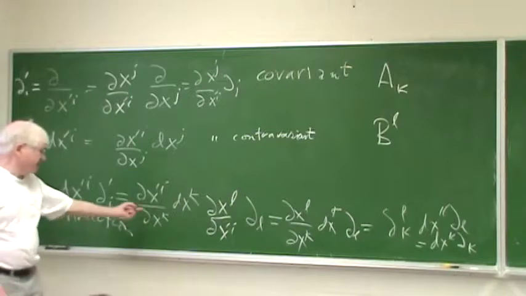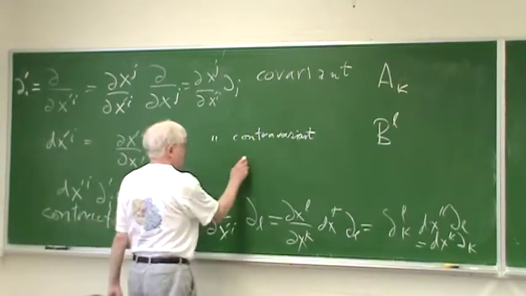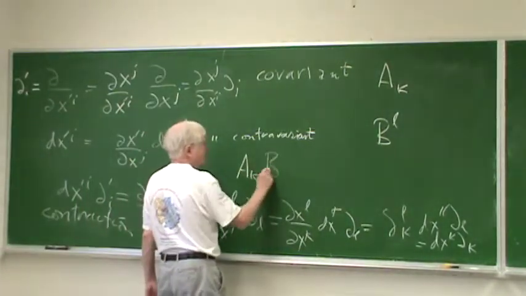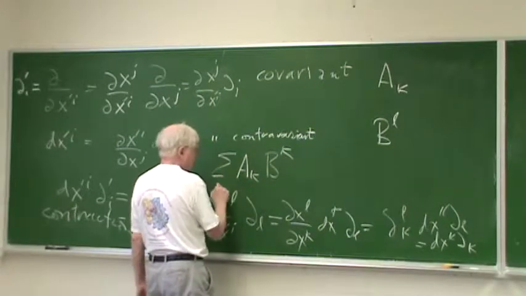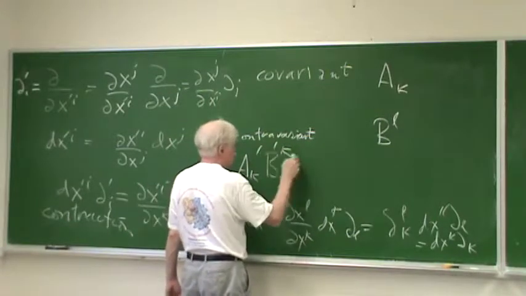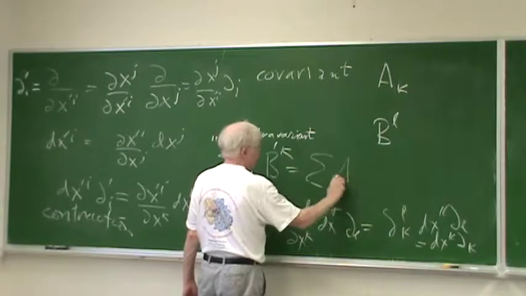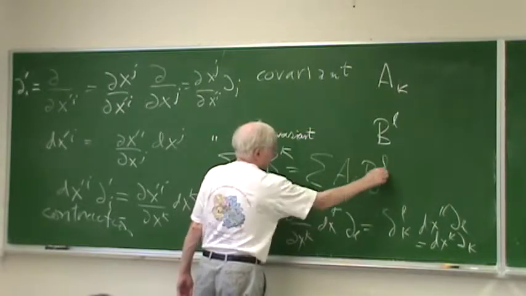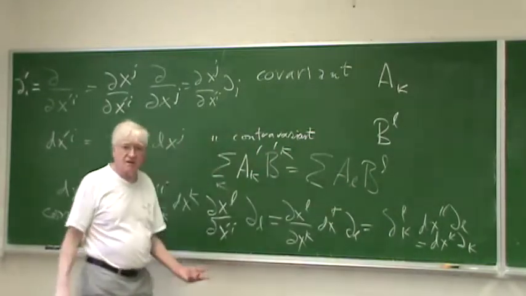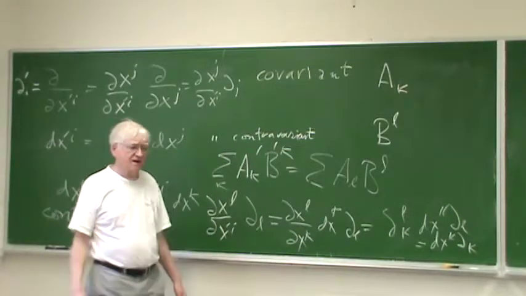And then just repeating this calculation, you see that AkBk, summed over k, of course, because we're using the Einstein summation convention, is invariant. So that's the basic idea.